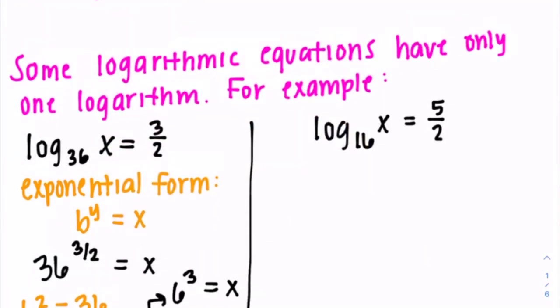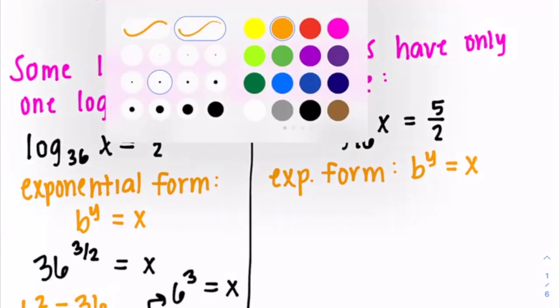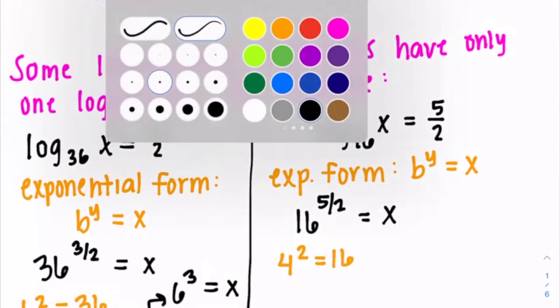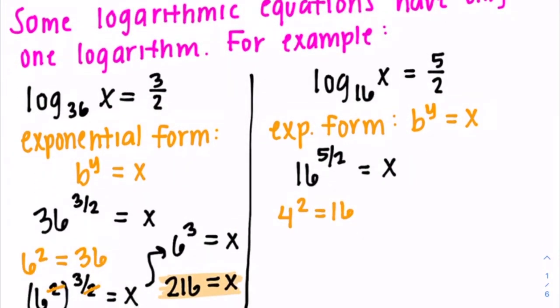In the second example, we have log base 16 of x equals 5/2. Again, we want to put it in exponential form, b to the y equals x. So we have 16 to the 5/2 power equals x. We can rewrite 16 as 4 squared and substitute that into our exponential form equation.